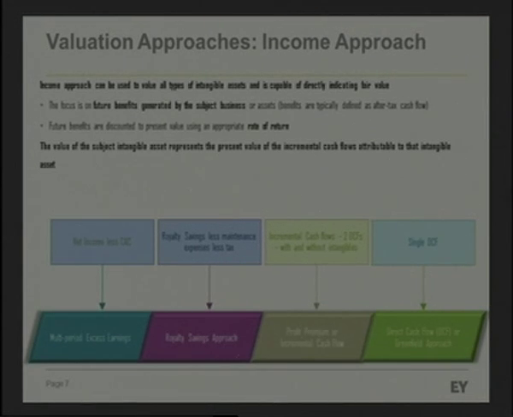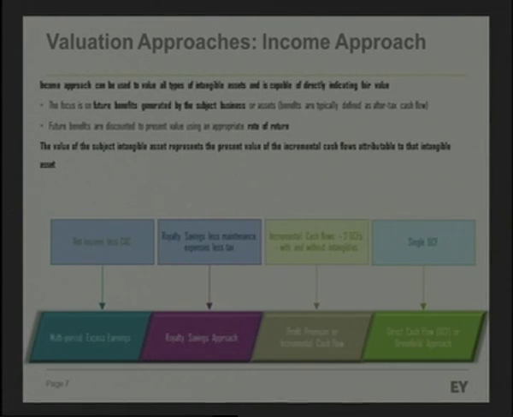Now, within this income approach, there are different methods, such as the multi-period excess earnings method, wherein if I'm valuing an intangible asset, I will first compute the total revenue attributable to that particular company, and I will deduct from there all the costs associated with contributory asset charges, or CAC as we call it, net income less CAC.